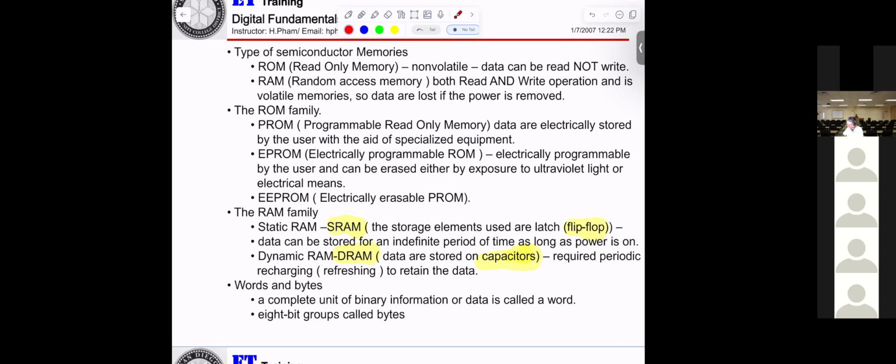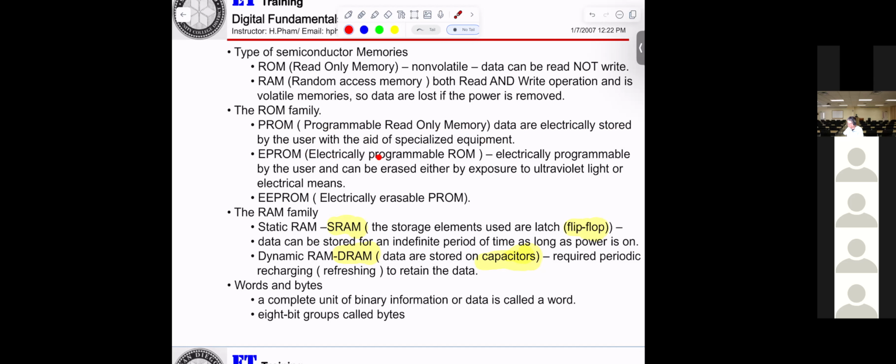That was ROM in the past. Now, in up-to-date systems, they're using PROM, programmable read-only memory. Data are electrically stored by the user with the aid of specialized equipment.